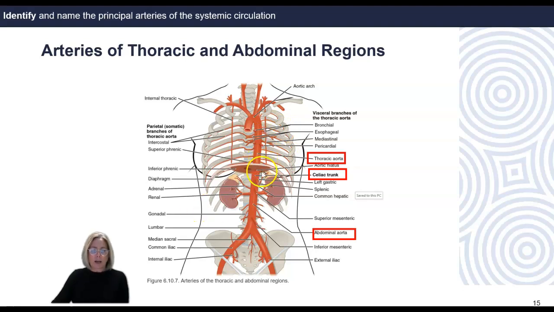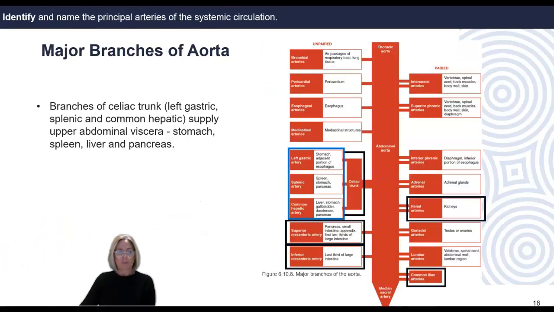Then the aorta passes through the diaphragm and becomes the abdominal aorta, and there are three major unpaired branches, and these include the celiac trunk, and we also have the superior mesenteric artery and also the inferior mesenteric artery, and we'll get onto those now in a second.